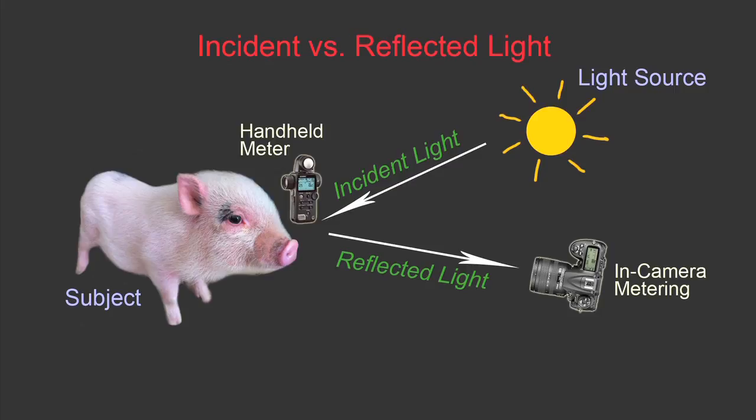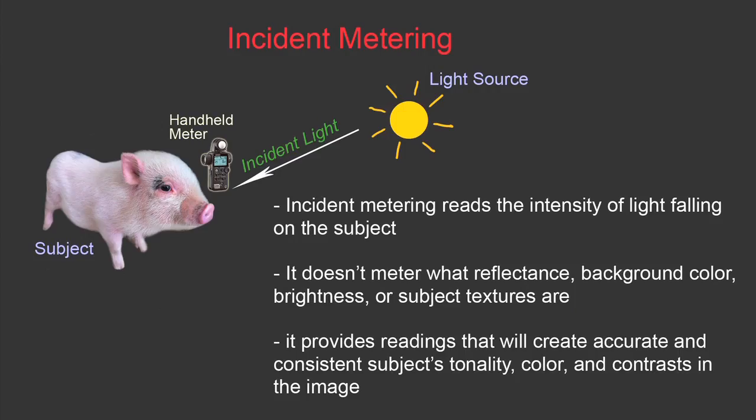As there are two types of light, there are also two types of meter reading. One of them is incident meter reading and the other one is reflective meter reading. Let's take a look at incident metering first.